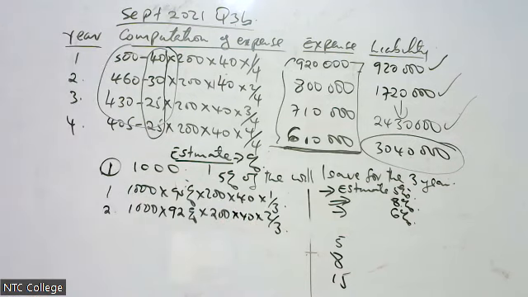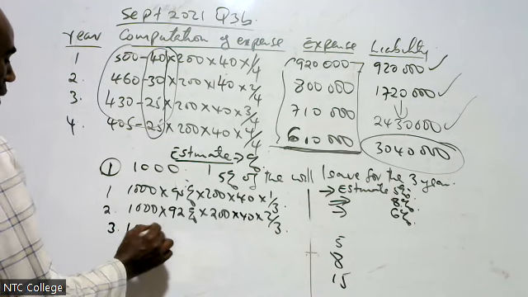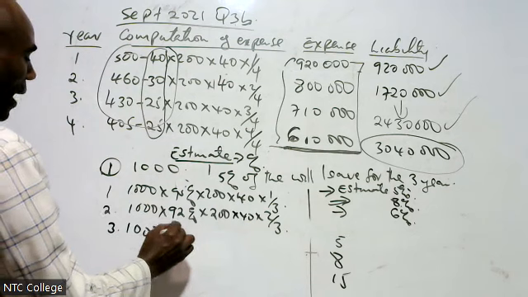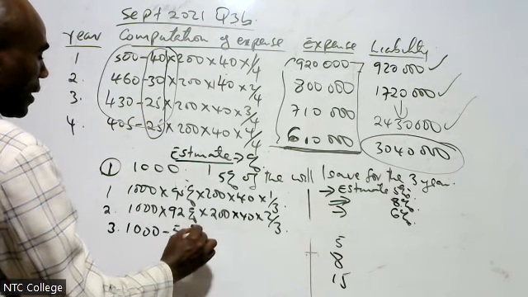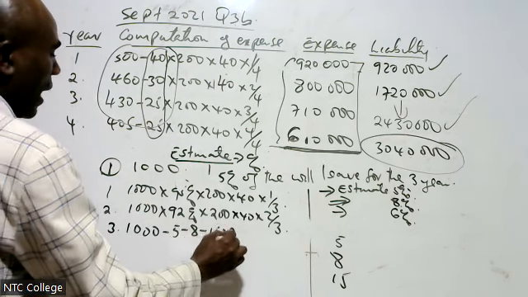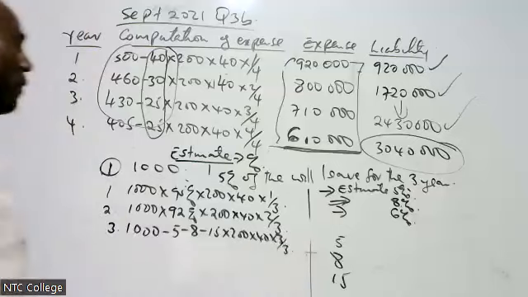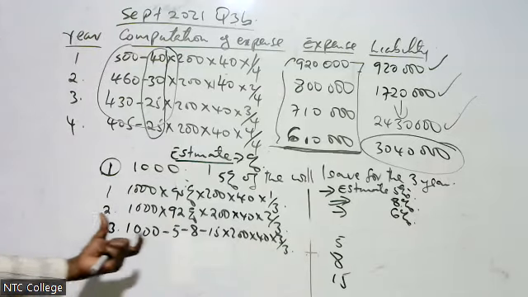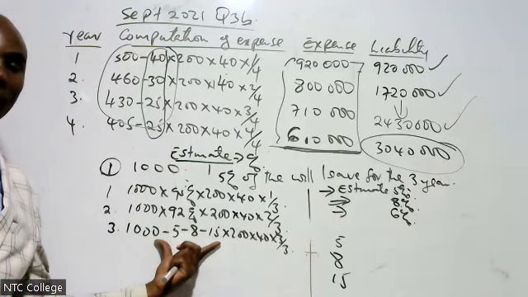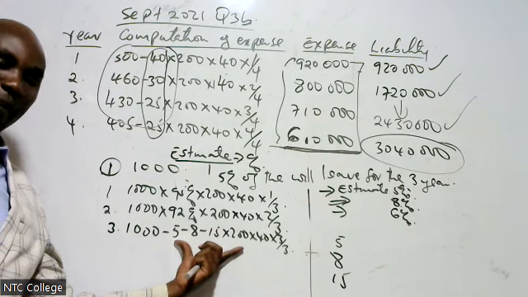When I come to year three, now I will take 1,000 minus 5 minus 8 minus 15 times 200 times 40 times 3/3.